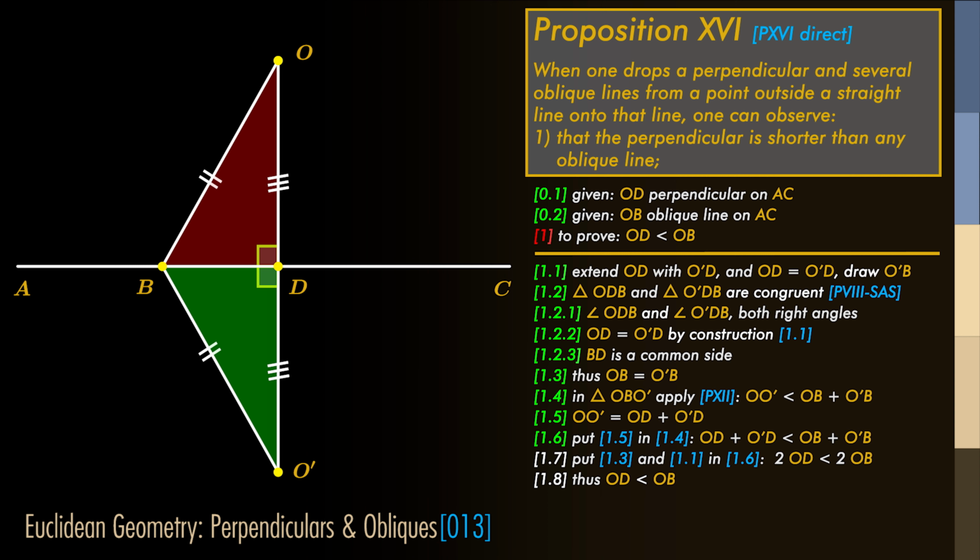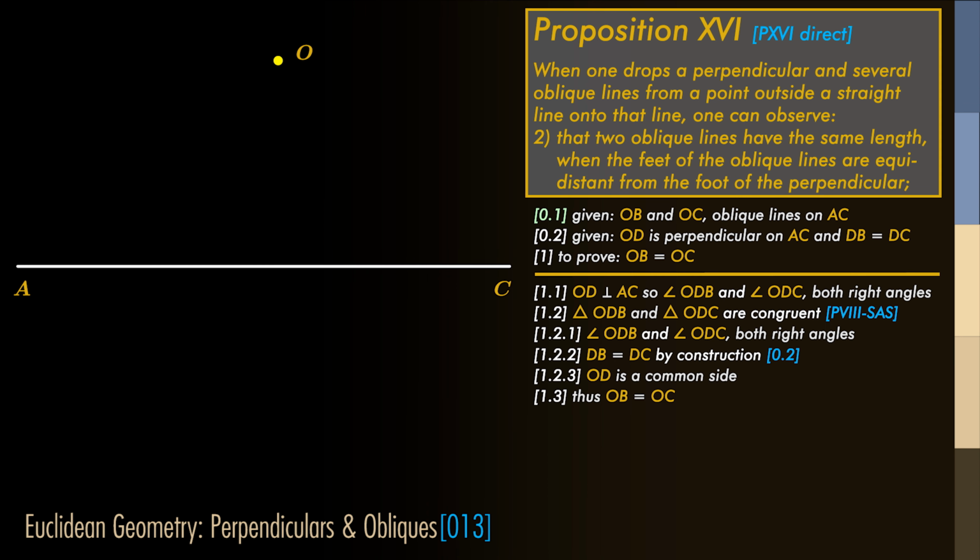By construction, O'D is equal to OD, so this becomes 2 times OD is smaller than OB plus O'B. And we have proven that OB is equal to O'B out of the congruency of the two triangles ODB and O'DB. So 2OD is smaller than 2OB. Eliminating the 2, we arrive at the conclusion that OD is smaller than OB. And that's what needed to be proven.